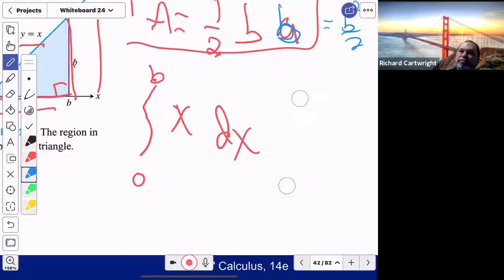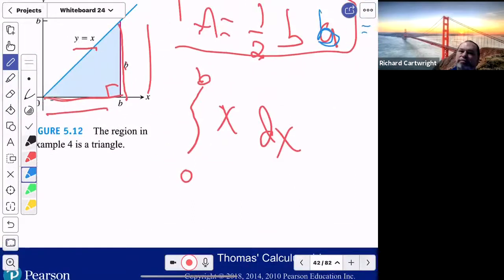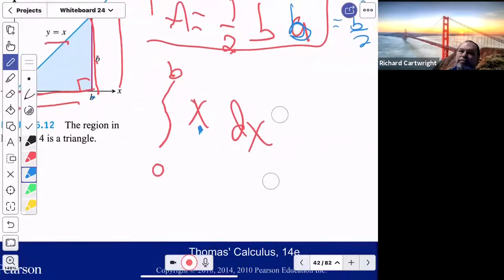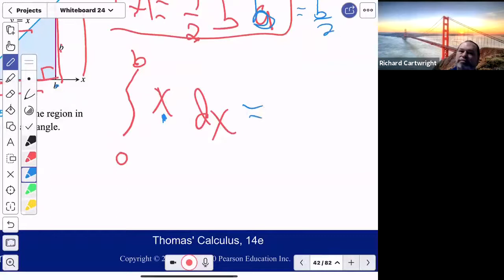Okay. So I'm going from 0 to b of this function y equals x. Antiderivative, x squared over 2 from 0 to b.